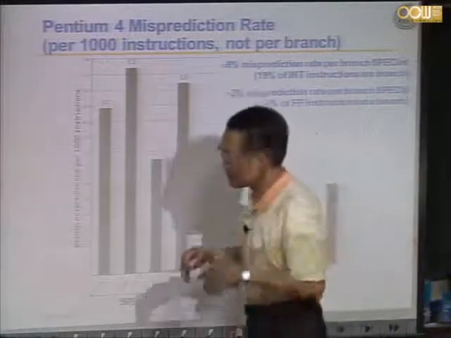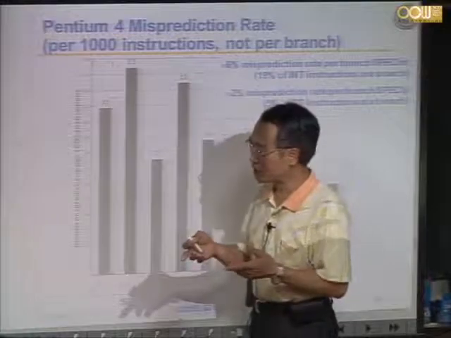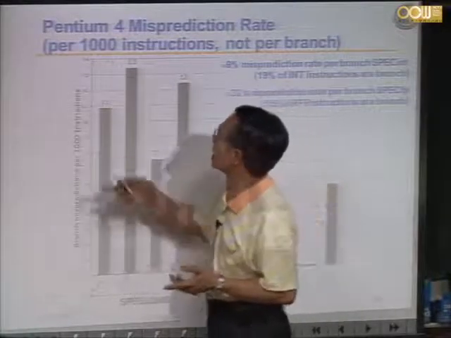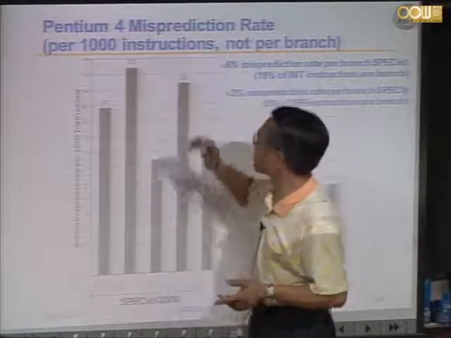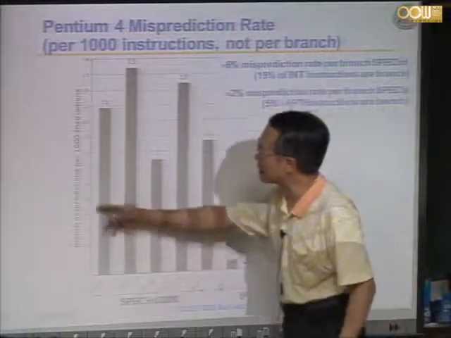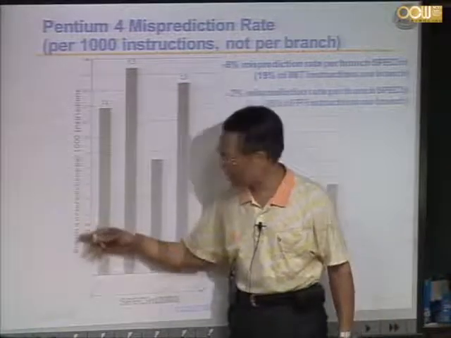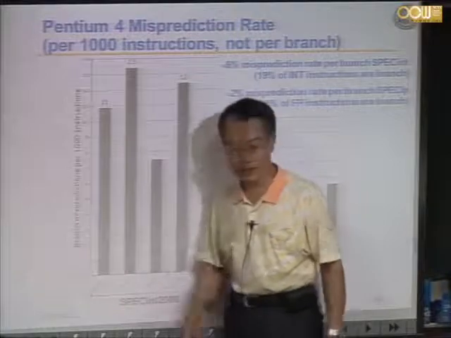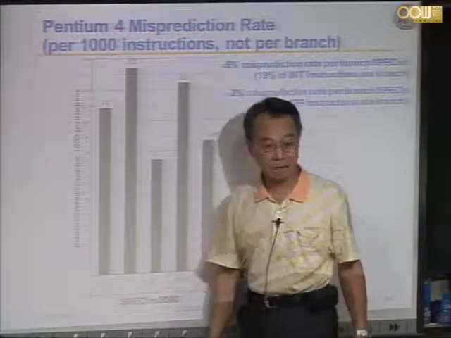So another way of looking at branch behavior is, for every 1,000 instructions, how many branch prediction misses will there be? Okay?